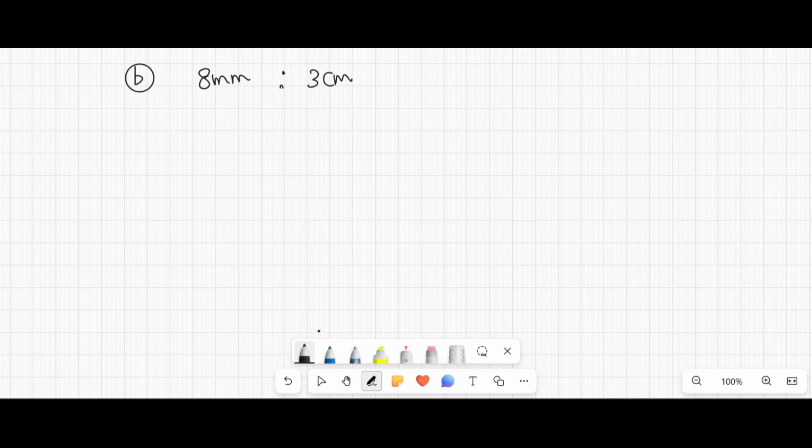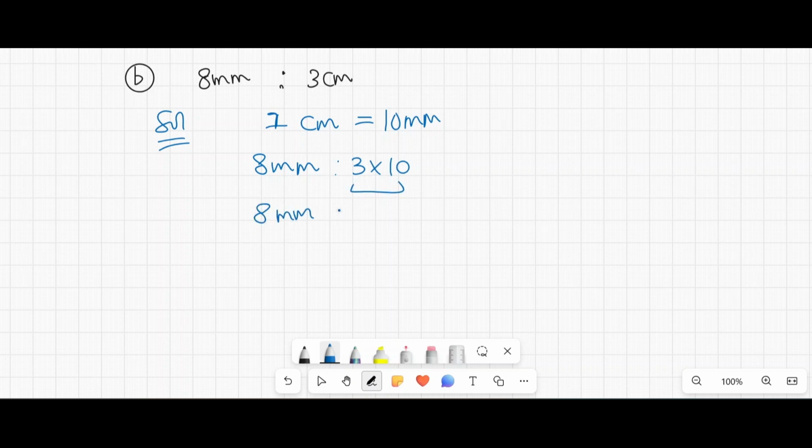So now you have to remember that 1 centimeter is equal to 10 millimeter. So now we will multiply 3 with 10. We will convert this into millimeters, so this becomes 30 millimeter.